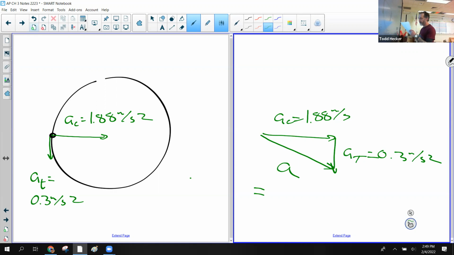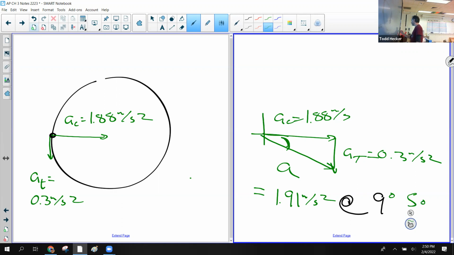So do the Pythagorean theorem to figure this out, and you get, oh, sorry, 1.91 meters per second squared at, do a little bit of trig and find this angle here. It turns out to be 9 degrees. And what would that be? South of east, I guess.